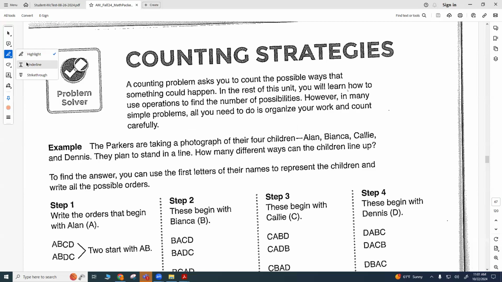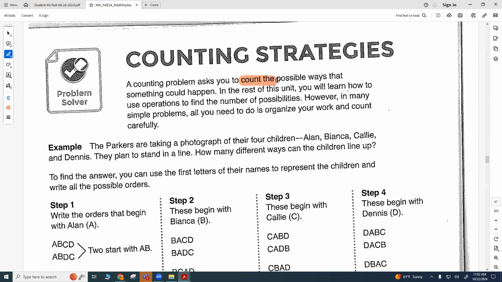All right. So as you can see up here, it's talking about counting strategies. Similar to the typical ratios, proportions, and percent word problems we've seen, another category or style of word problem that we might encounter is what they're calling a counting problem here.